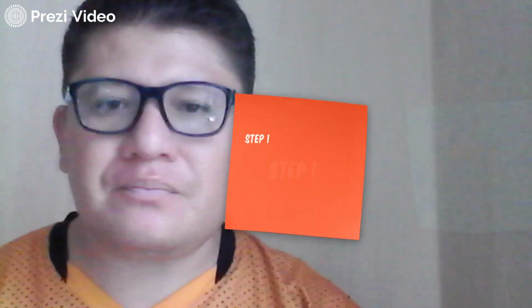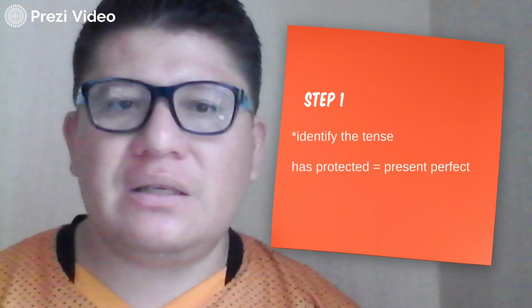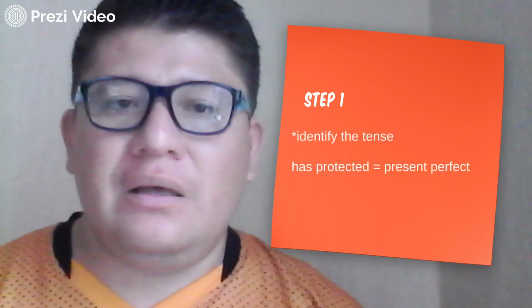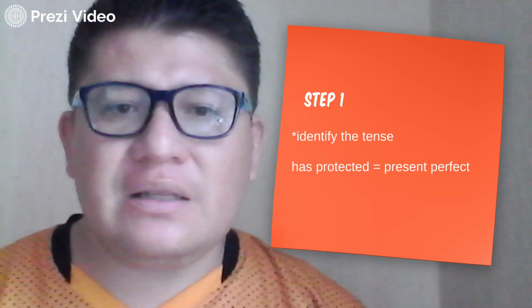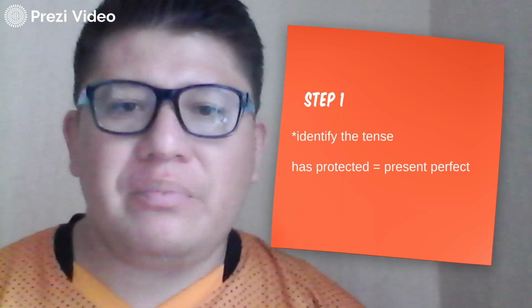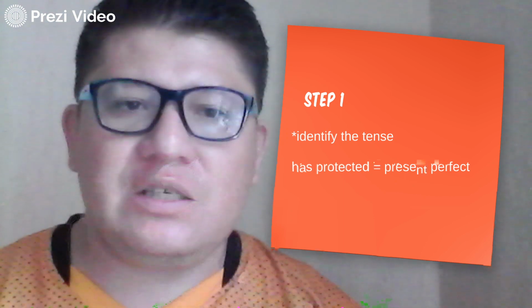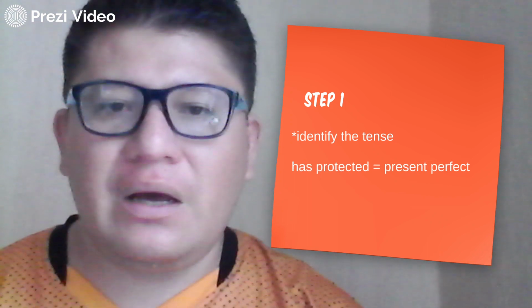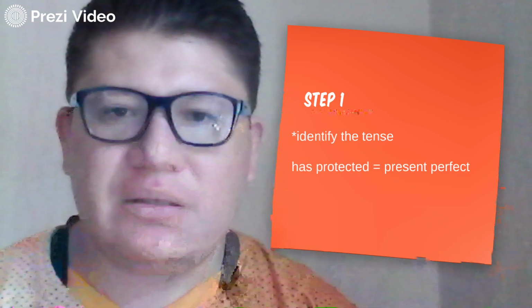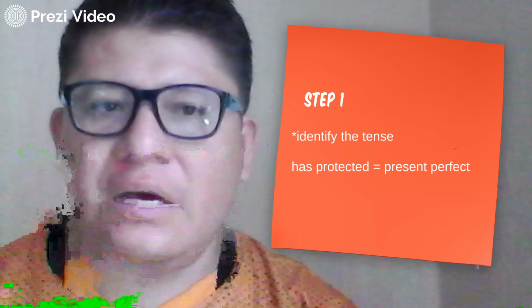Step 1. Identify the tense. In the sentence, the tense is present perfect. How do you know it is present perfect? Because the verb is has protected. That is the present perfect. Step 2.